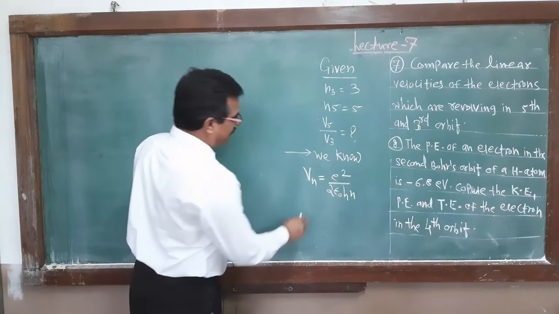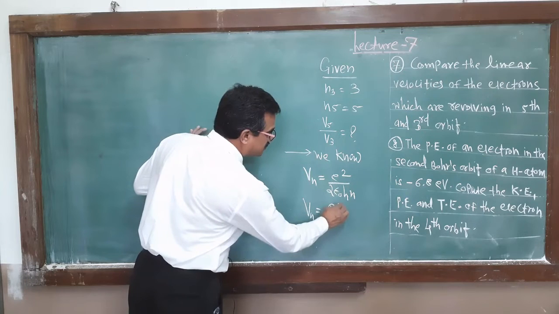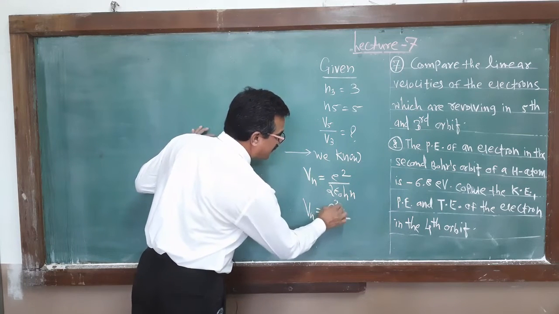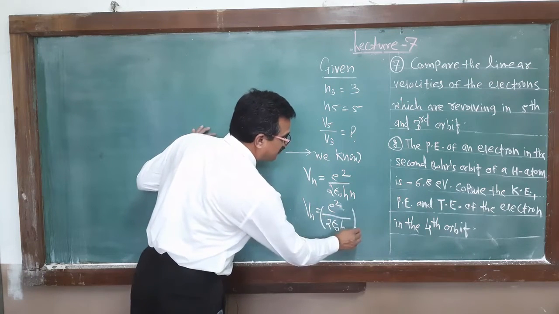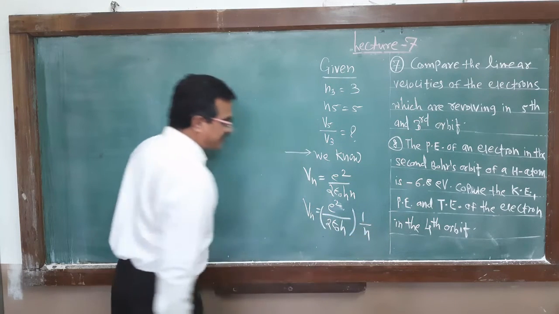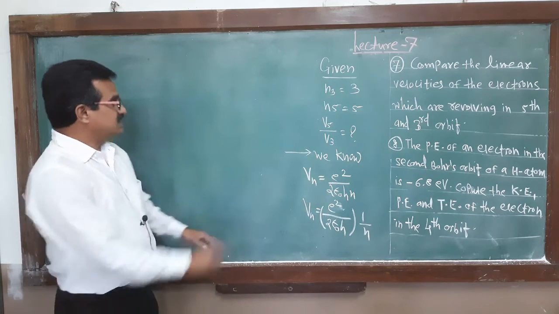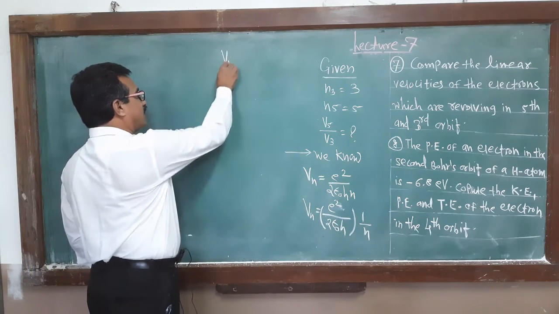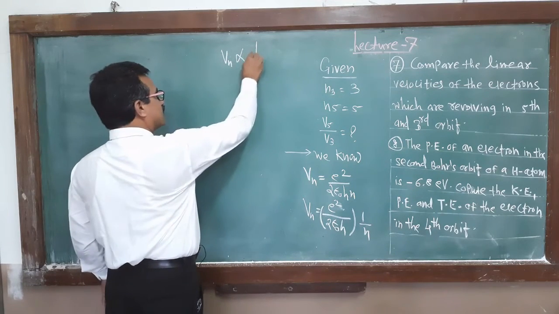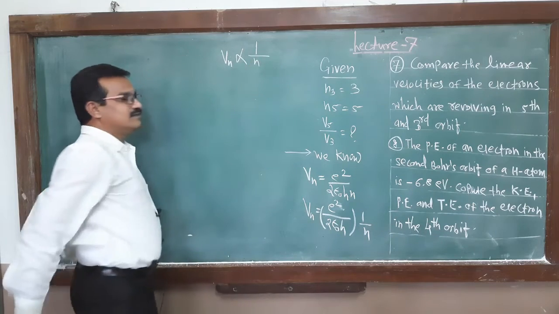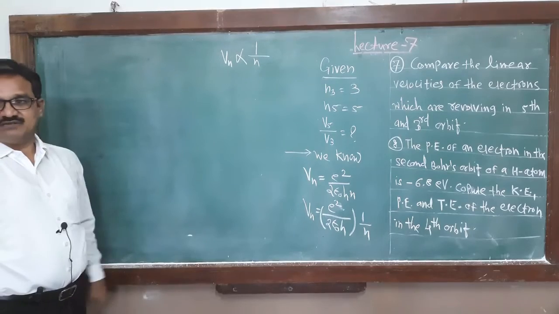Remember that in this equation, Vn is equal to e square upon 2 epsilon 0 h multiplied by 1 upon n. All the terms in the bracket are constant. Means velocity in the nth orbit is inversely proportional to the principal quantum number. This is the main equation.